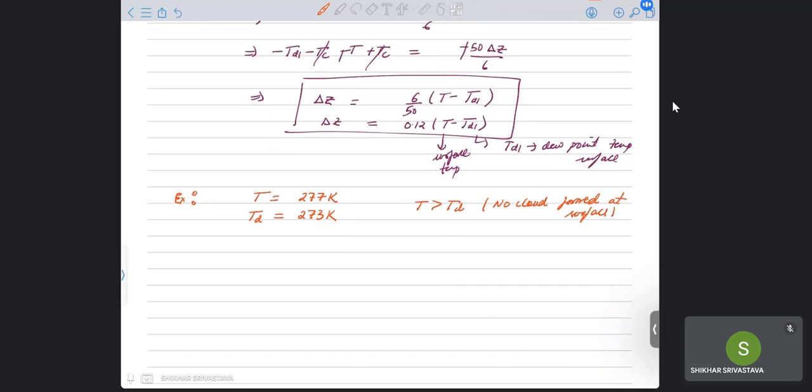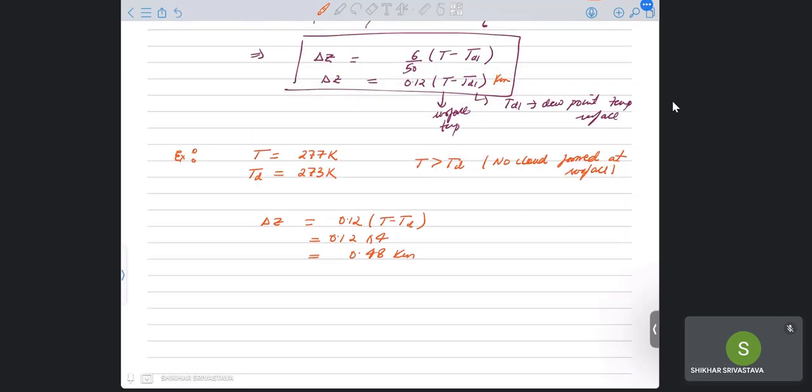So at what height will the cloud form? You can calculate it by delta Z equal to 0.12 times (T minus Td), the dew point at the surface. It will come out to be 0.48 kilometers. So at the height of 480 meters, given that the surface temperature is 277 Kelvin and the dew point temperature is known, you can calculate at what height the LCL will lie.